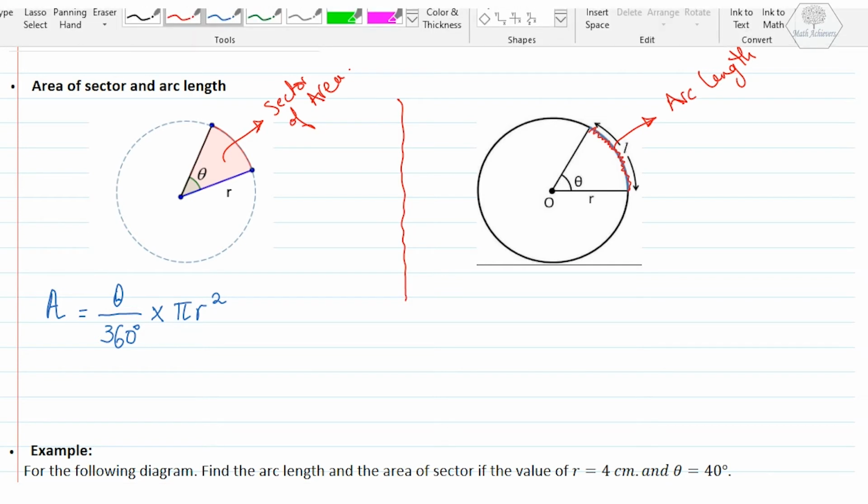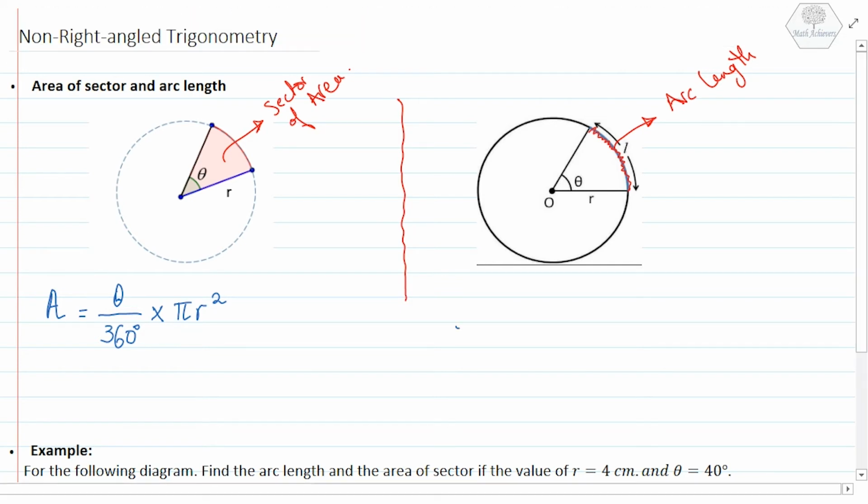So, to find the arc length, simply L equals theta, also over 360 degrees, times, since it's part of the circumference of the circle, I have to multiply it by the circumference of the circle, which is 2 pi r. And by this, I can find out the arc length inside any circle.